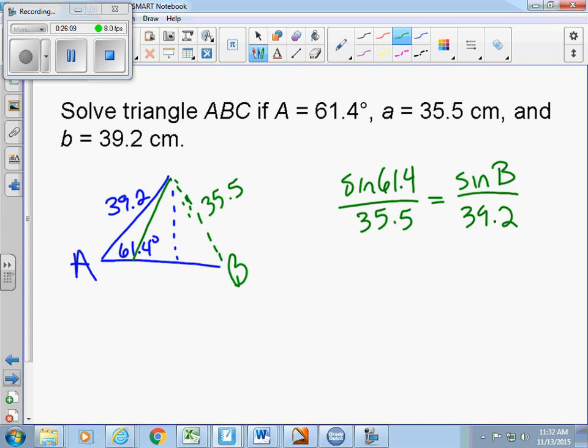And then what do you do after you get that number? Inverse sine that number. You want the angle B. And we are in degrees, so it's your calculator in degree mode. You make that happen. 75.81. I want you all to find that in your calculator. Give me 3 decimal places.